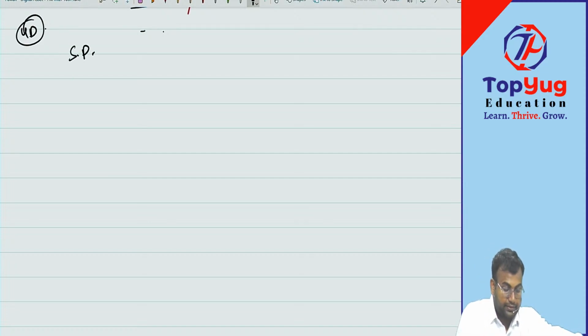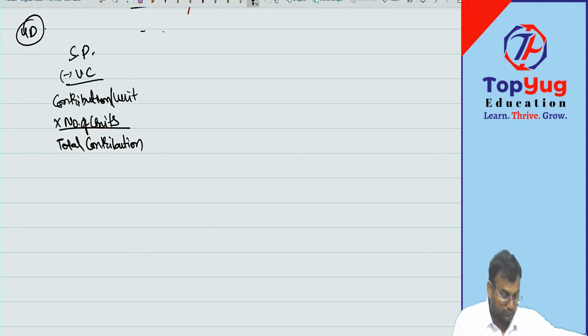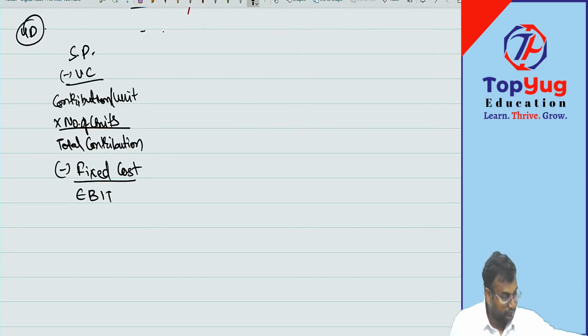Again, same format, selling price minus variable cost, we get contribution per unit into number of units, you get total contribution, less fixed cost, minus interest expense.